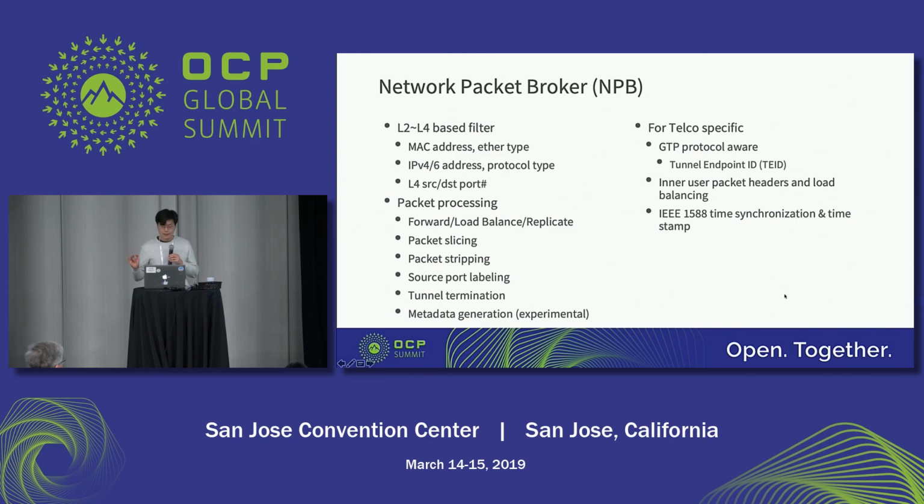And the right-hand side list shows some telco specific feature requirements. For example, the network packet broker for telco use cases is required to be aware of the GTP protocol, because all signaling messages and user traffic are encapsulated by the GTP protocol. So we need to be aware of the TEID inside the GTP.